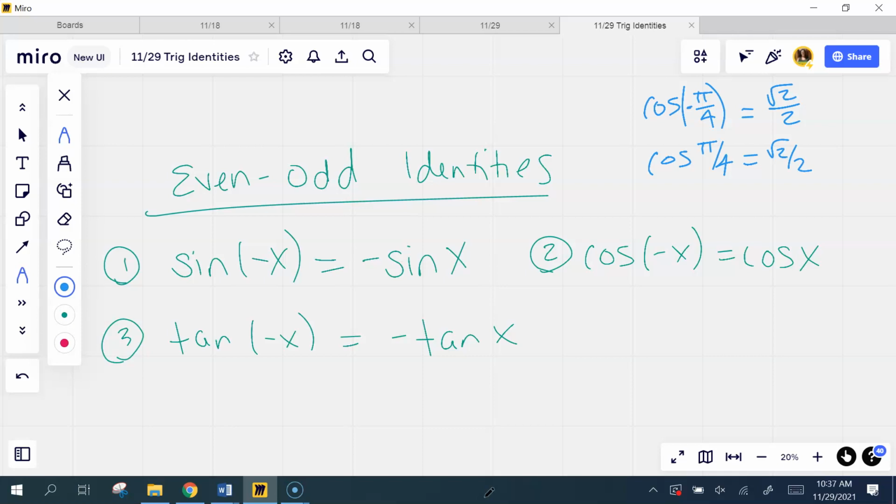3 more. Cosecant involves the sine or the cosine? The sine. So what do you think this equals? Negative cosecant x.